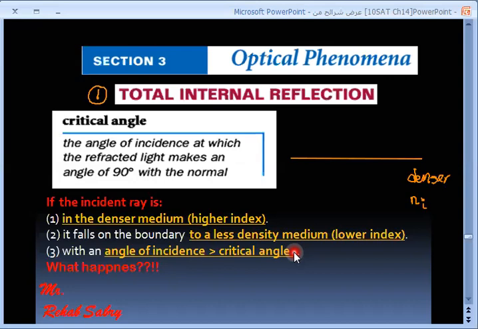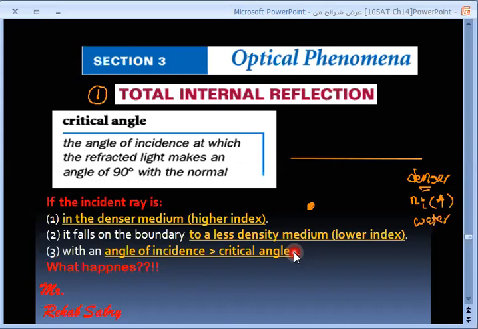So here, if the source of the light is here, the incident ray will be in the denser or higher refractive index. And this light, for example, this is water, okay?